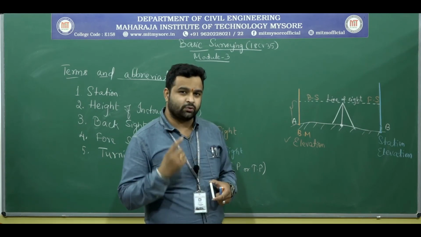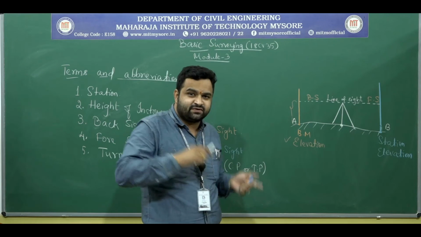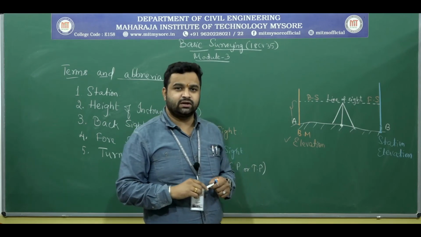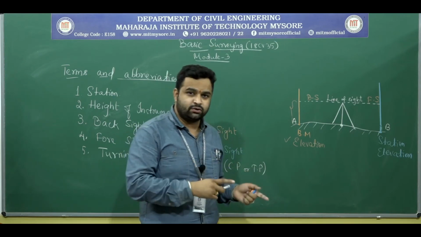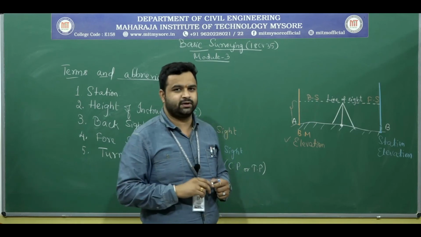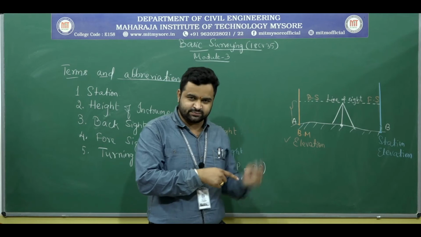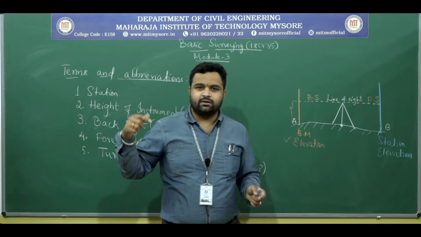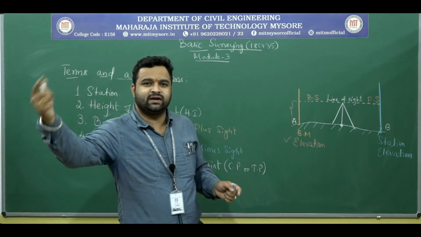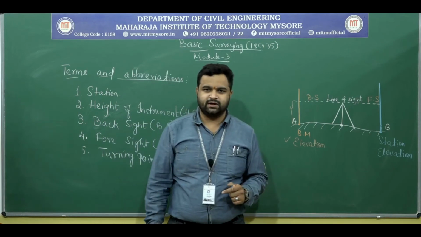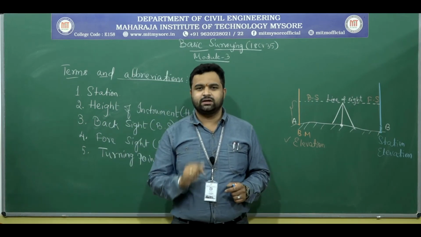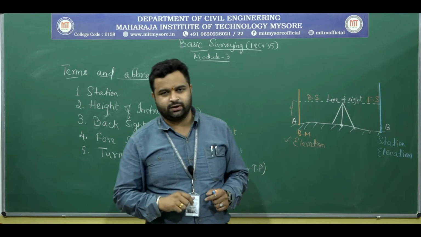At that time you are going to shift the instrument to a new point. From the new point you have to take a backsight to the previous point and then take the foresight to the next point required. Okay, that point is called as turning point or changing point.